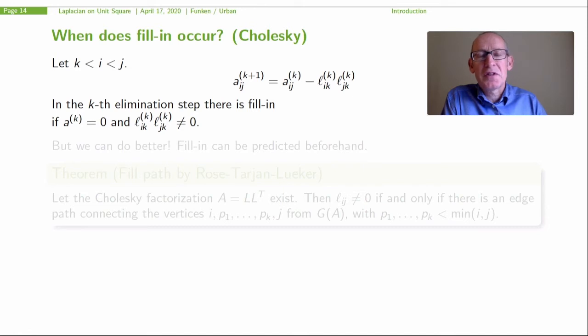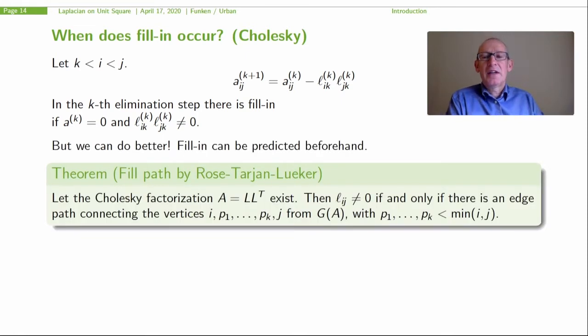The Cholesky procedure is a little bit better in the sense that we have the symmetry behavior. Of course, there's a strong relation between the Gauss elimination and the Cholesky elimination, but after the elimination we have A equals L times L transposed. So the upper part is already known. There we are able to predict the fill-ins.